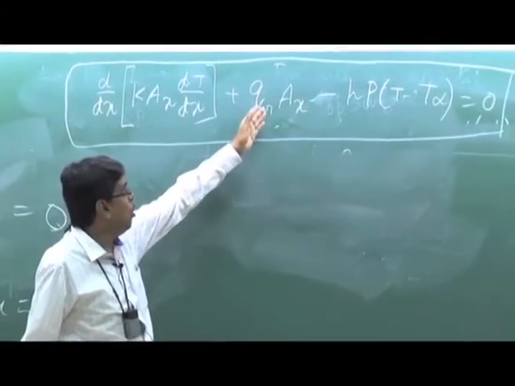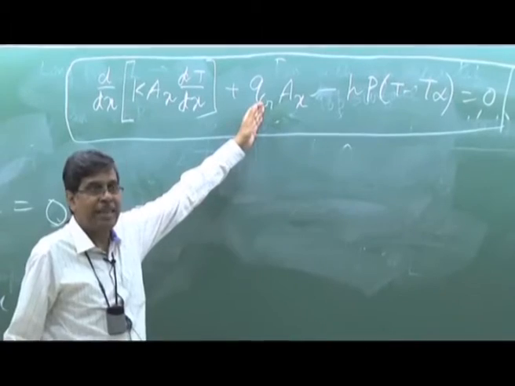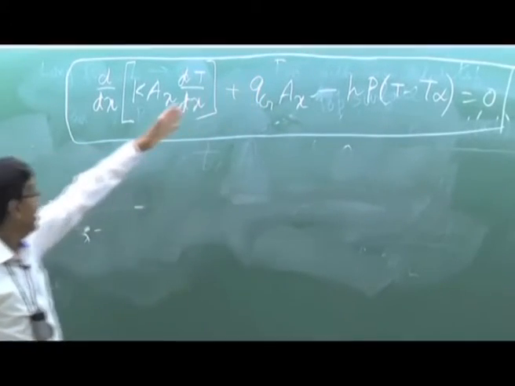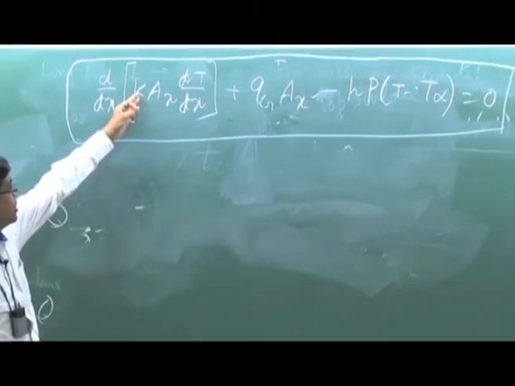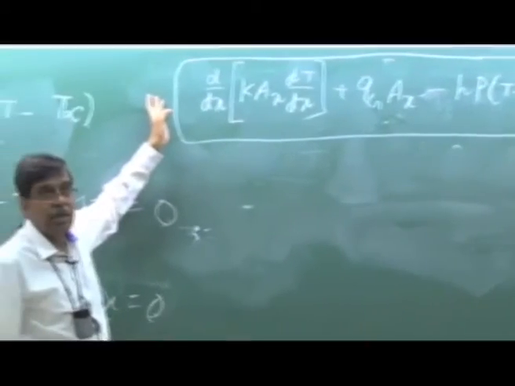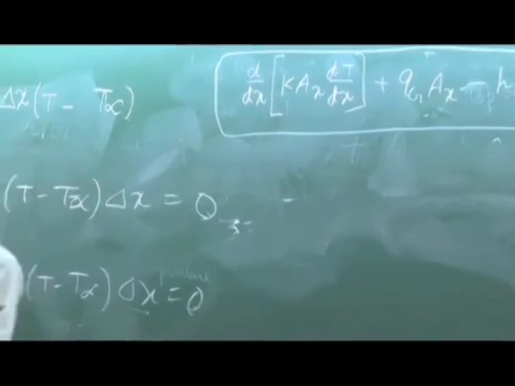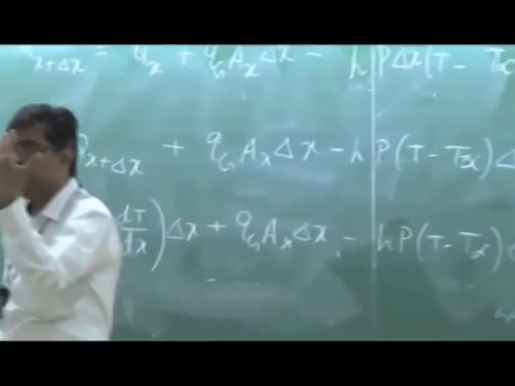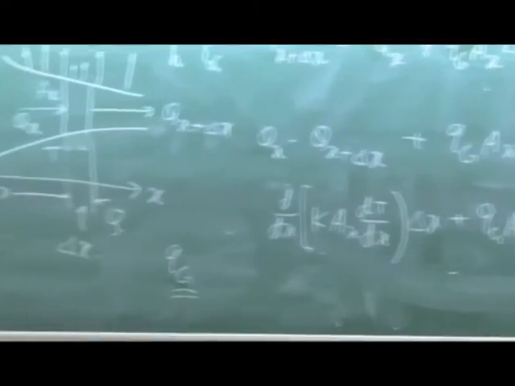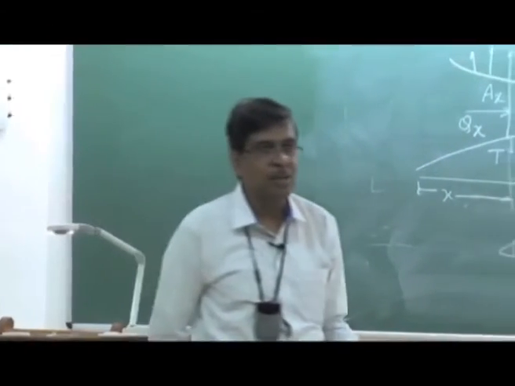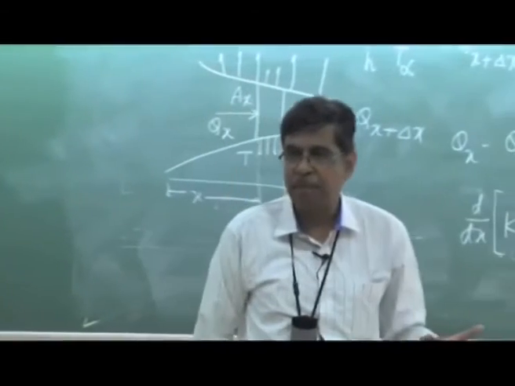And if you take no heat generation, this part will be 0. If we take thermal conductivity constant, this will come out. And if we take Ax is constant, that is happening only in plane surface with the same cross-sectional area, then the most simple case is d/dx of dT/dx is 0. That means we have a linear temperature profile.